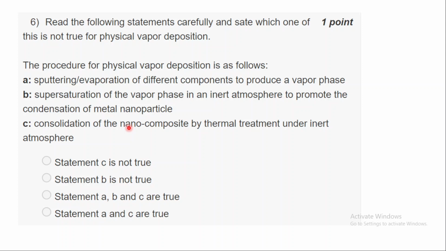A nanocomposite is a material which has properties of many nanoparticles, a conjugation between two or more nanoparticles which imparts different properties to the composite. So it's called a nanocomposite.